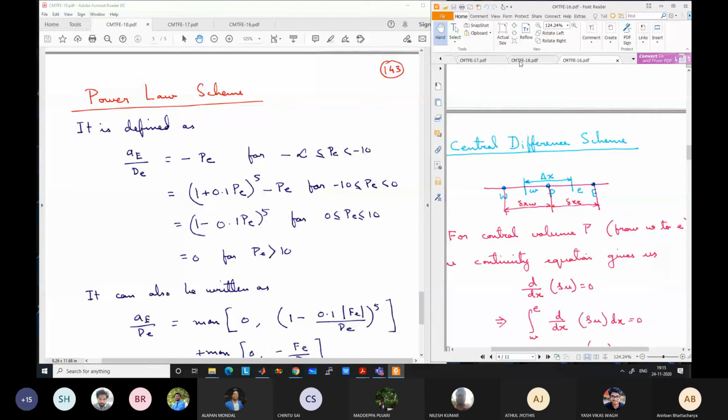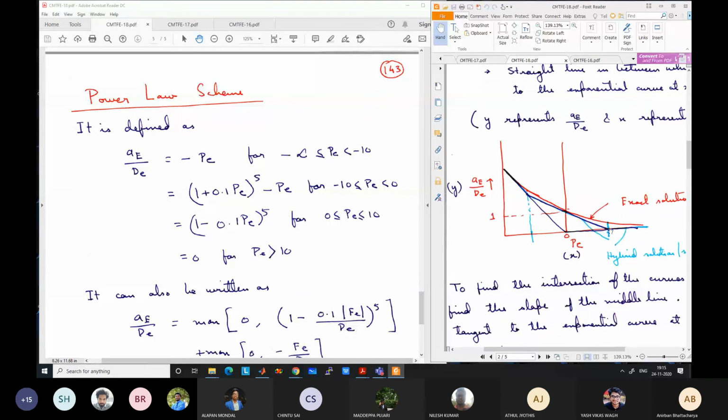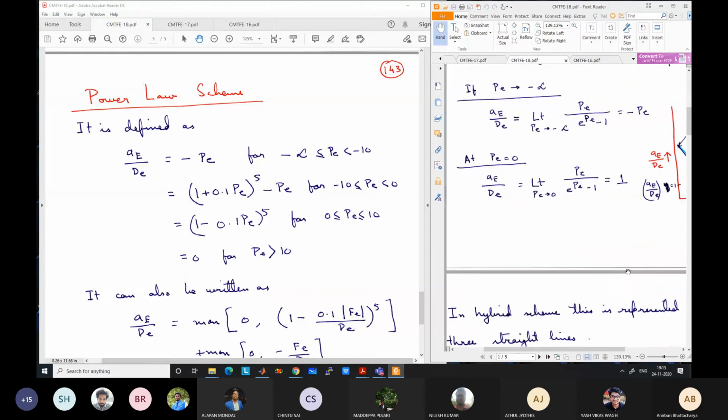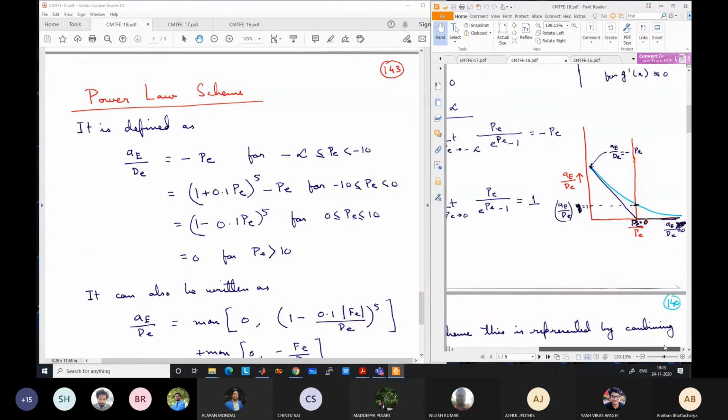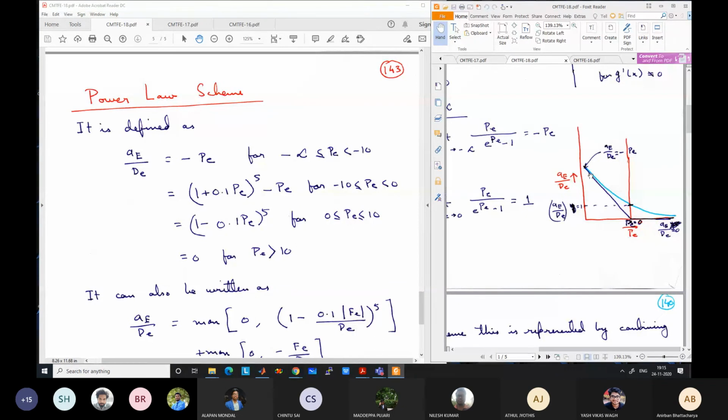If I go to the exponential solution, this red line shows the exponential curve of A by D, or even this blue line also shows the exponential curve. If we can mimic it very strongly by using nonlinear equations, but without using exponentials, we can get a very accurate result, and solve it very quickly, because taking powers is very easy as compared to finding exponentials.